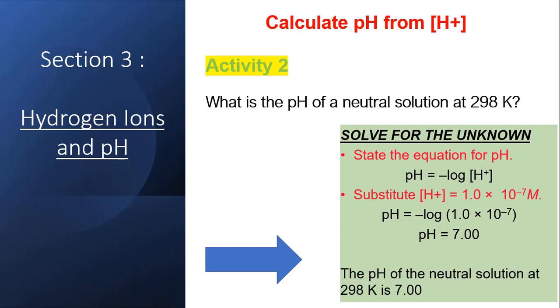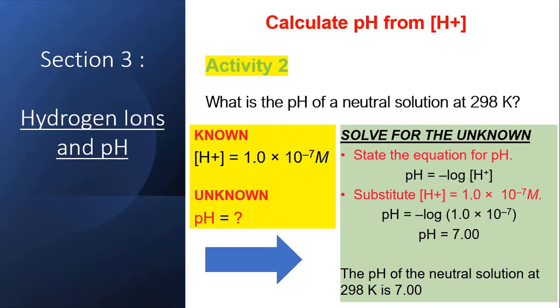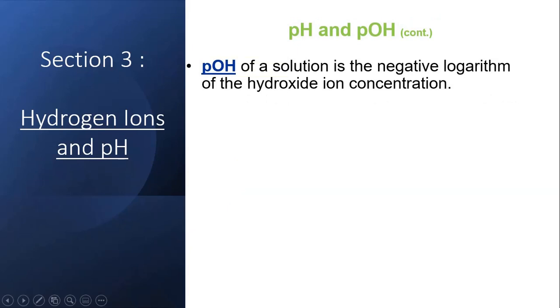So the pH of water or pH of any neutral solution will be 7. This is how we calculate the pH from the concentration of hydrogen ion. So the known information was the concentration of H positive, the unknown was pH. This is how we did it.